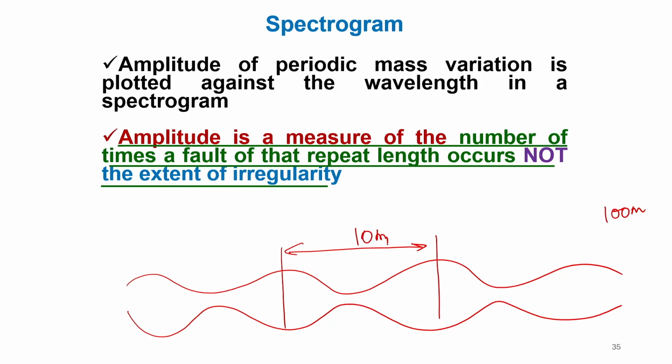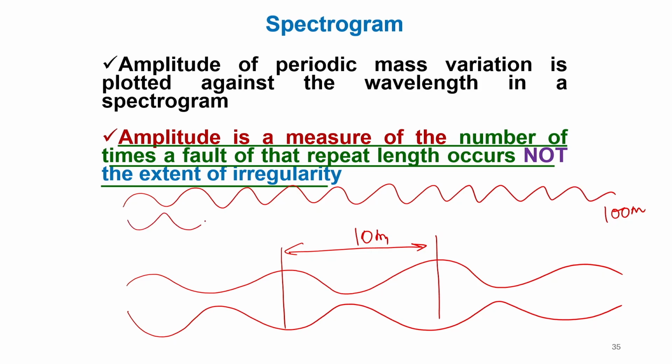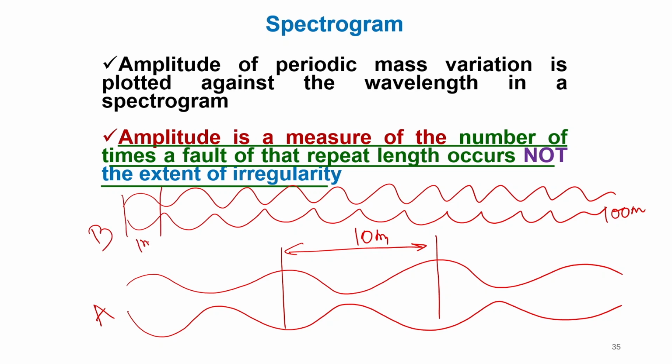In another sliver we have tested a smaller, shorter wavelength. This is sliver A and sliver B, where the shorter wavelength is, say, 1 meter.